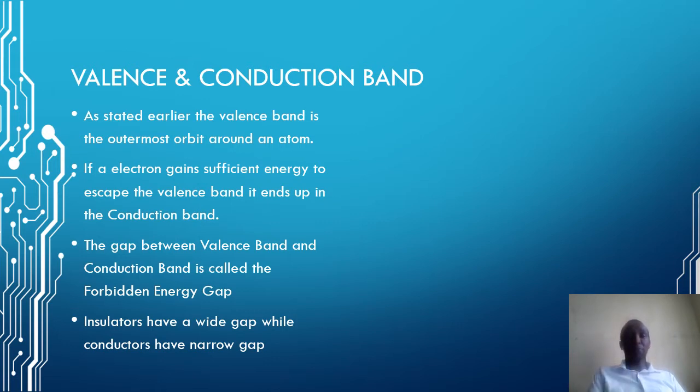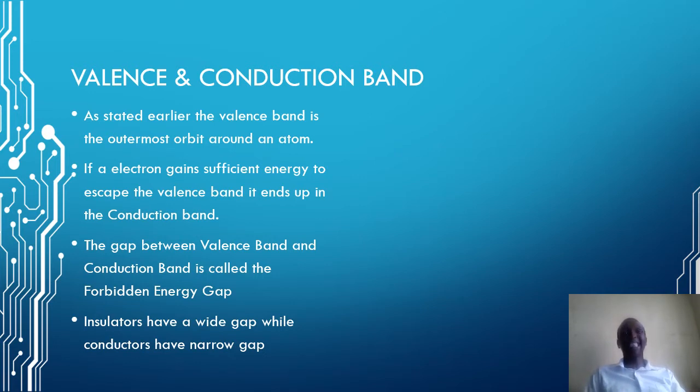So for conductors, when these electrons are vibrating, at times they are able to gain sufficient energy to cross over to the conduction band. Now, the gap between the valence band and the conduction band is what we call the forbidden energy gap. For insulators, this gap is substantially large, so that the electron will need a lot of energy to jump over.